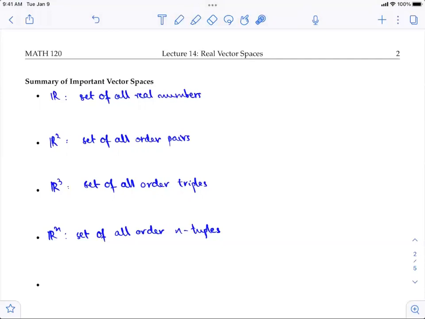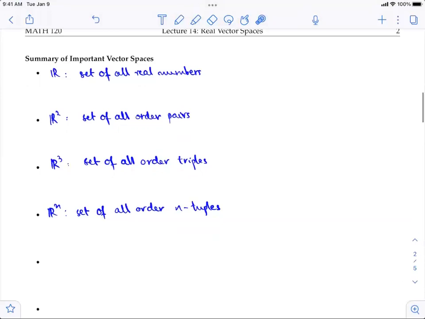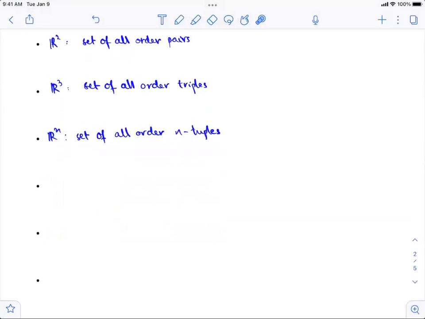All right, so the next set has the notation C, capital C, of negative infinity to positive infinity. This is the set of all continuous functions defined on the real line.